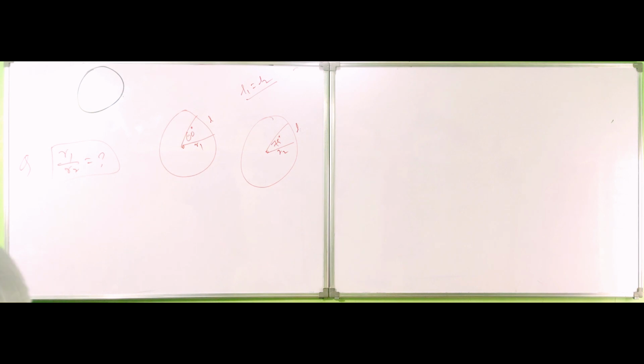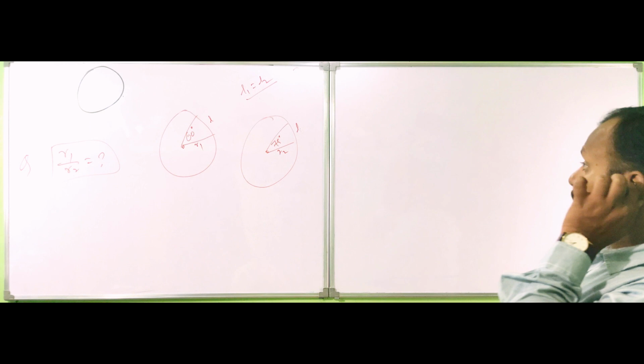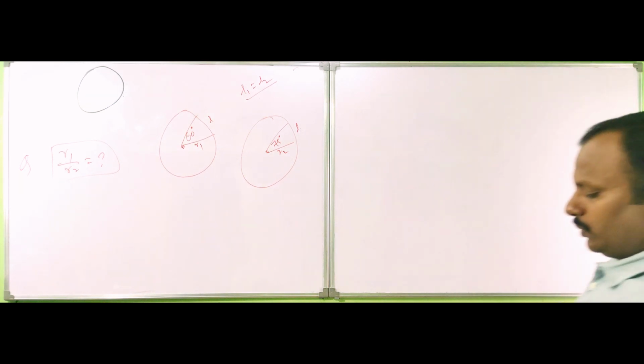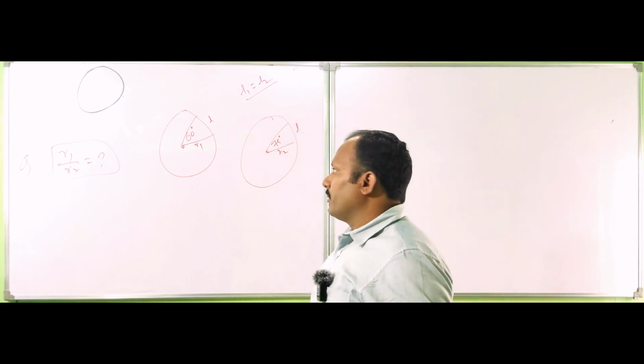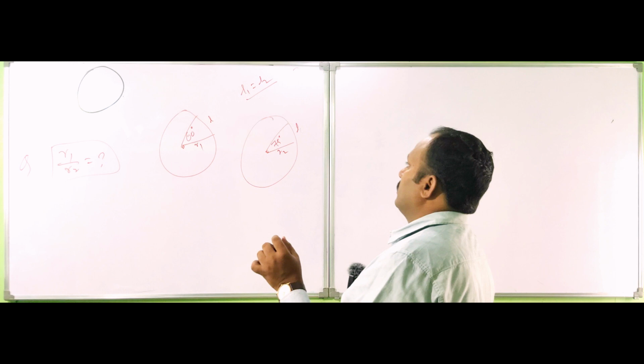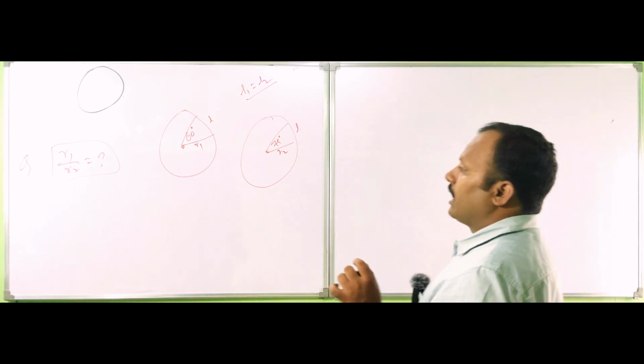What is given? Two circles make angles of 60 and 75 degrees with different radii and equal arc lengths.